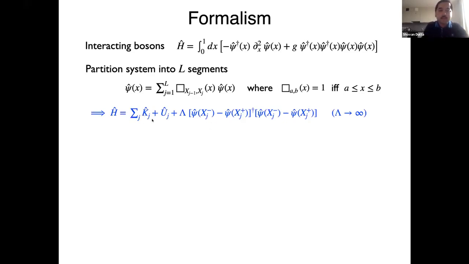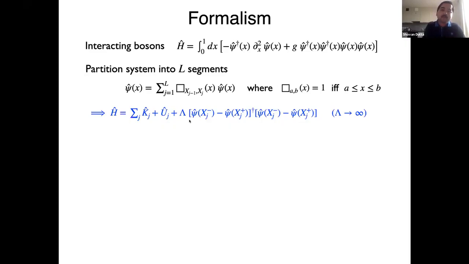And these K_j and U_j are just the kinetic energy and the interaction energy in the jth segment. And then there is this term. If you look closely, this difference here is just the difference between the value just to the right of x_j and to the left of x_j. So this is measuring the discontinuity at the boundary x_j. And this is the same term conjugated. So this is actually a positive semi-definite measure of the discontinuity.